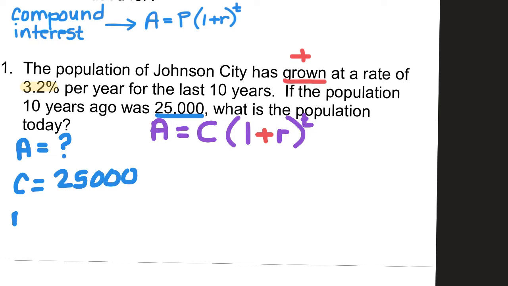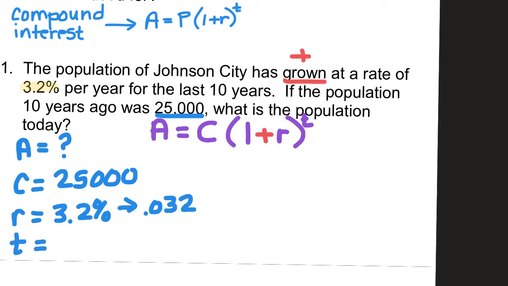The R is the rate. The rate was 3.2%, which we will change to a decimal by dividing by 100 or moving over 2 places. So it'll be 0.032. And then the time is 10 years because this was 10 years ago.